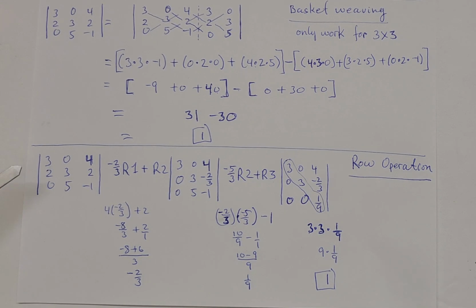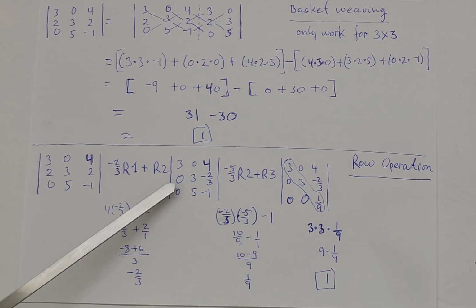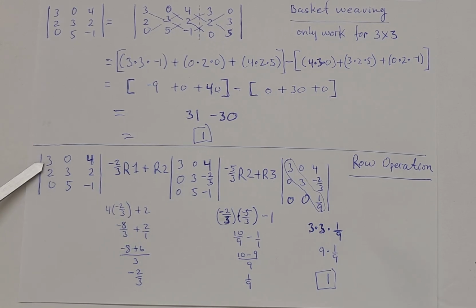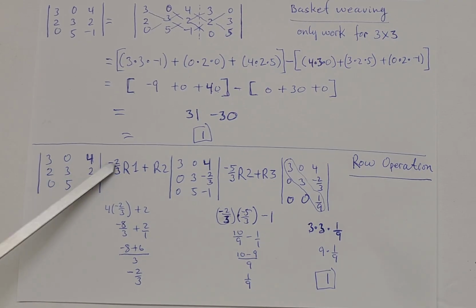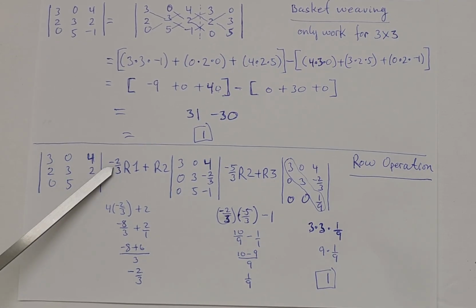One more time. We need this 2 to become a 0. So the reciprocal of 3 is 1/3. Take the 2, put it here, and since this is positive, make it a negative so I can subtract.